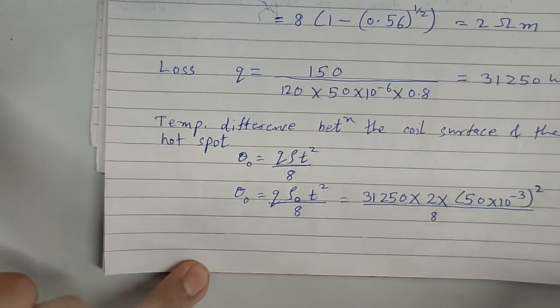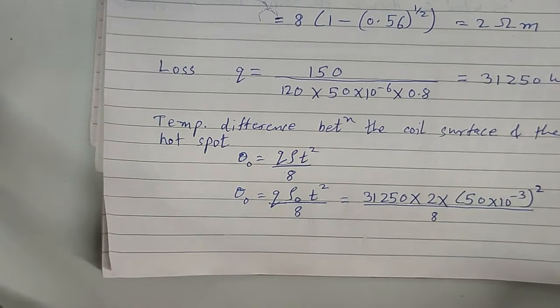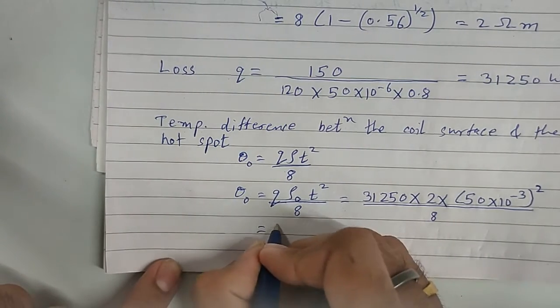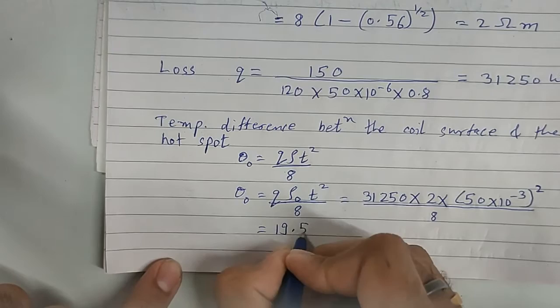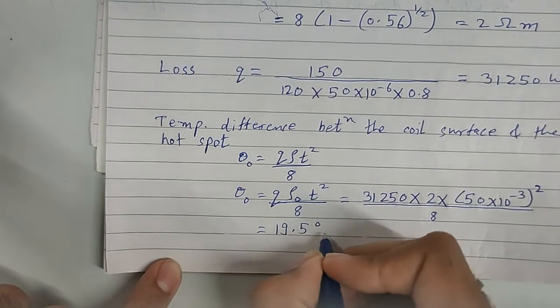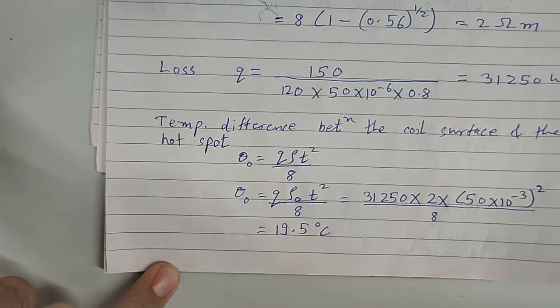Now when you solve this particular term, what you get as an answer is 19.5 degree centigrade.